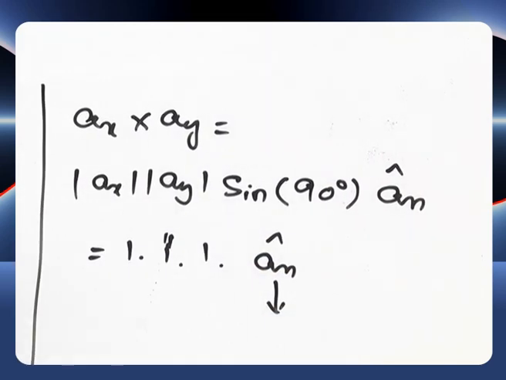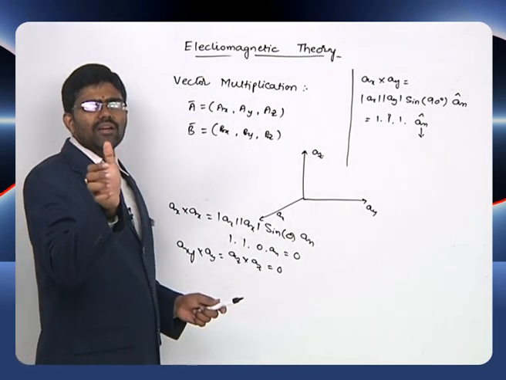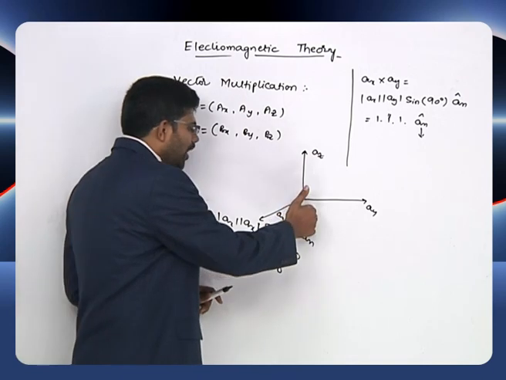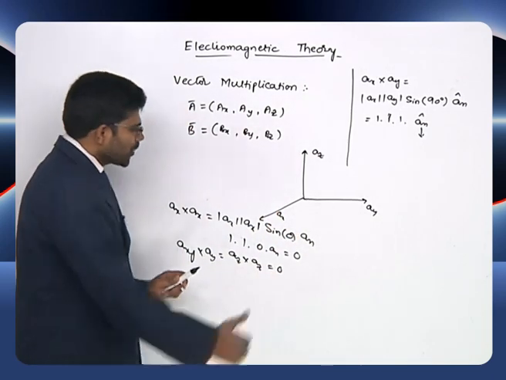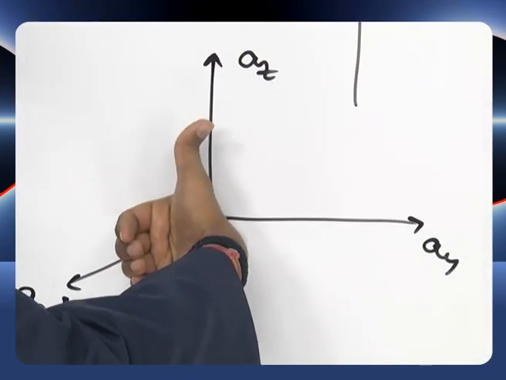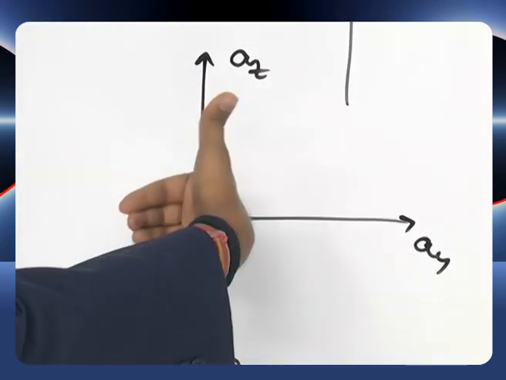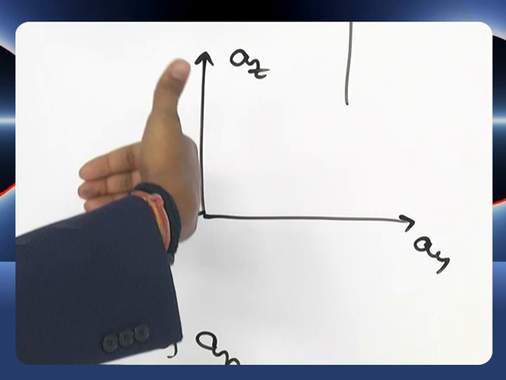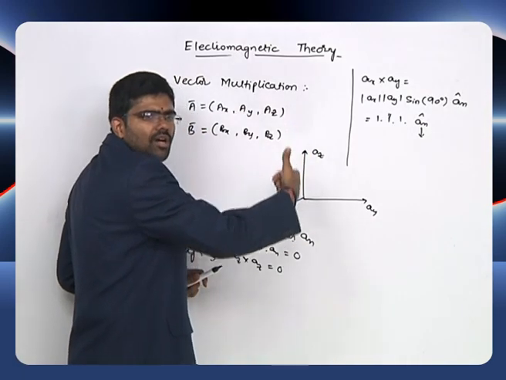Now we need to observe this An. It can be found with the simple right handed thumb rule. I have to place the right hand from the first vector to the second vector. The first vector is Ax and the second vector is Ay. If I place the folded fingers from the first vector to the second vector, the thumb always goes in the direction of z.